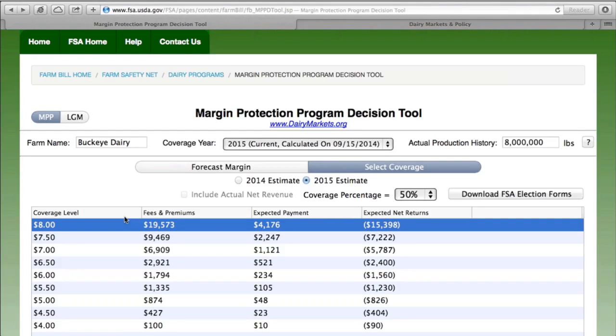If during the registration period you can adjust your level of participation, can that decision also include dropping out of the program? Again, once you're in, you're in. But you can defer that decision until the year in which you'd like to enroll. But I caution dairy farmers electing to defer MPP coverage to remember that there's no other safety net with respect to dairy margins other than MPP and LGM dairy.